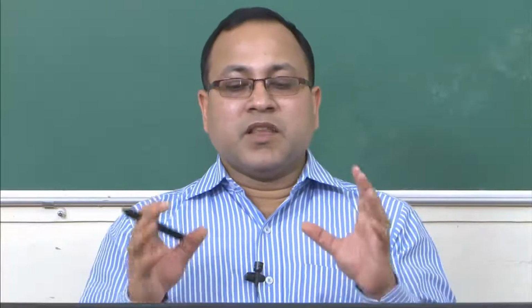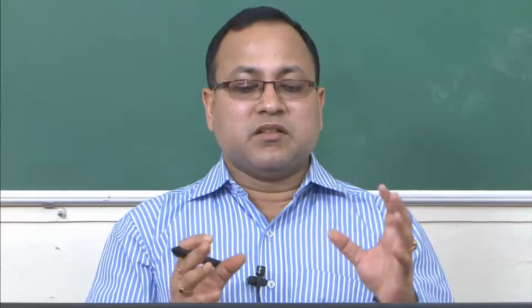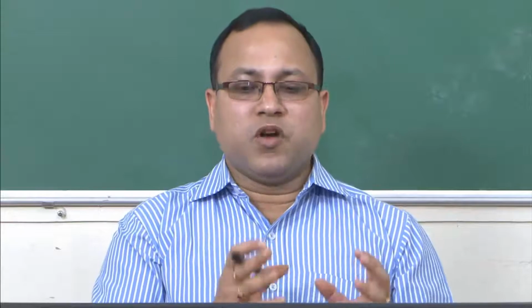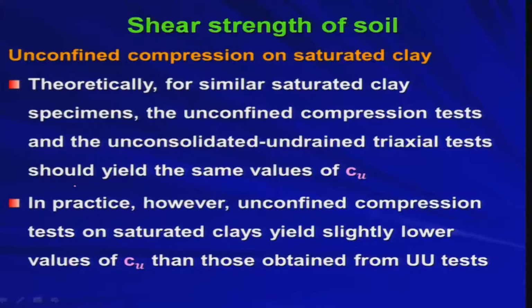However, in practice, the Cu value obtained from the unconfined compression test, that is the UC test, is slightly lower than the Cu obtained from the UU test. This is generally seen in practical situations. However, in theory they should be the same.